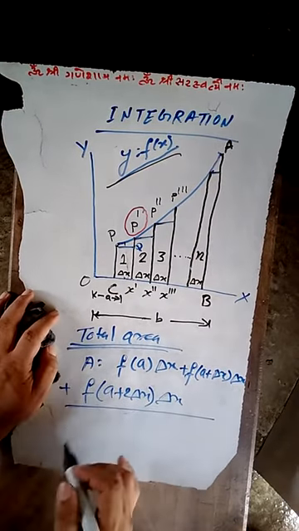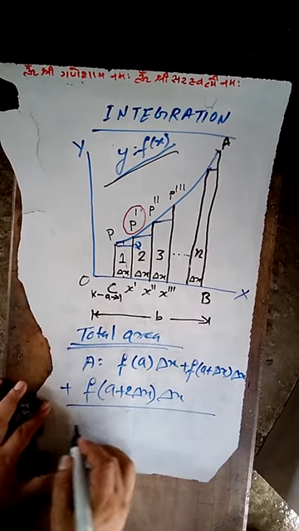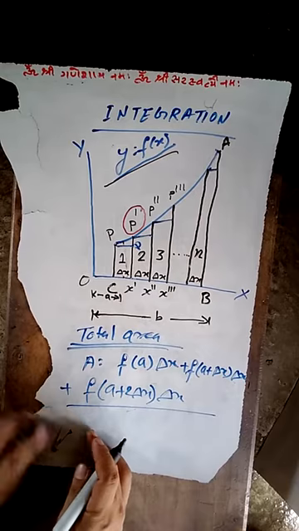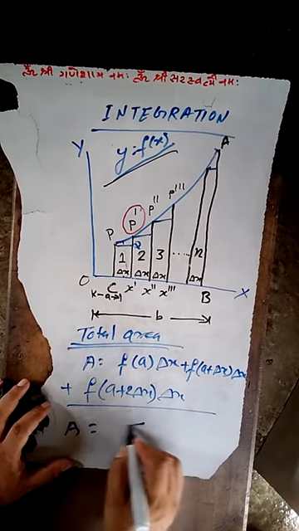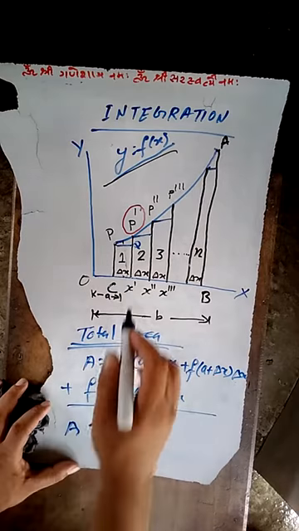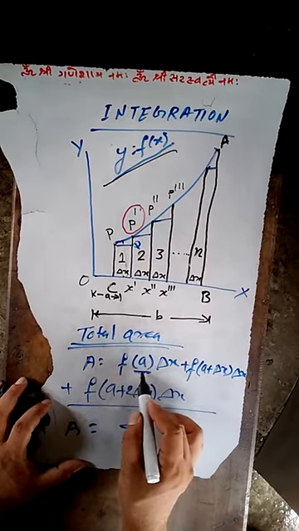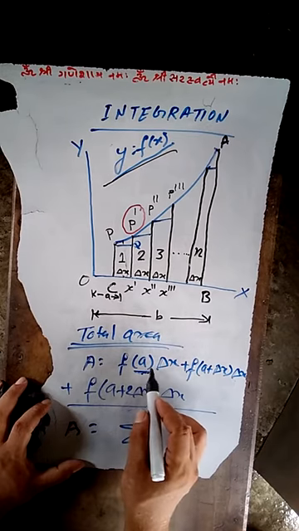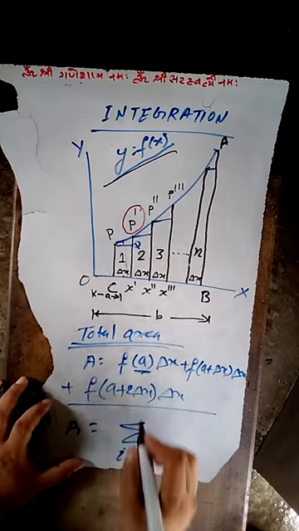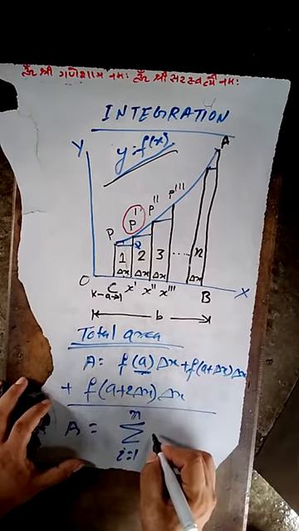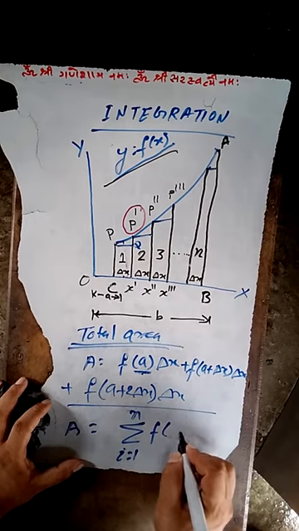Now you know how to write it in the form of sigma. You can write it in the form of sigma. So the area will be sigma, you can choose up to here. In the first term you have a, and you don't have any delta x. So here i is equal to 1 to n.